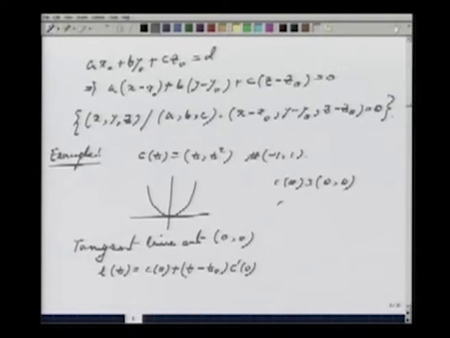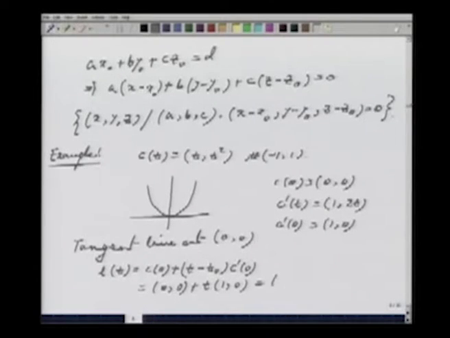So I calculate what is C prime at t. It turns out to be (1, 2t). So C prime at 0 is (1, 0). So what I get is (0, 0) plus, here t naught also is 0, so it is t times (1, 0).